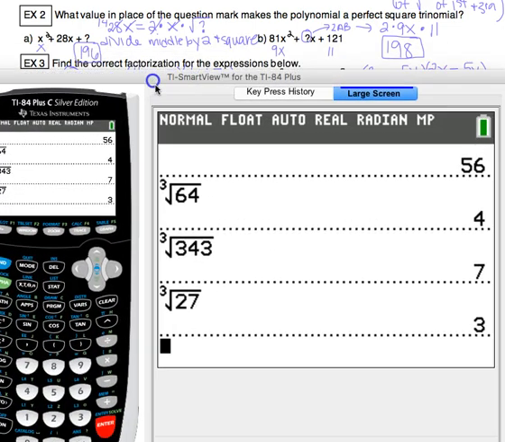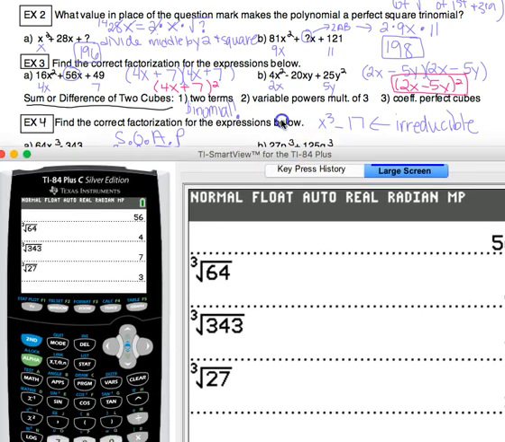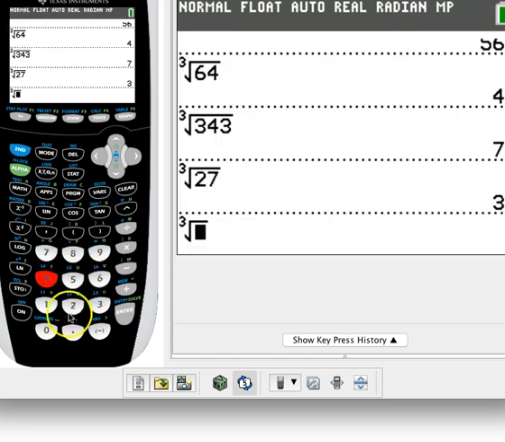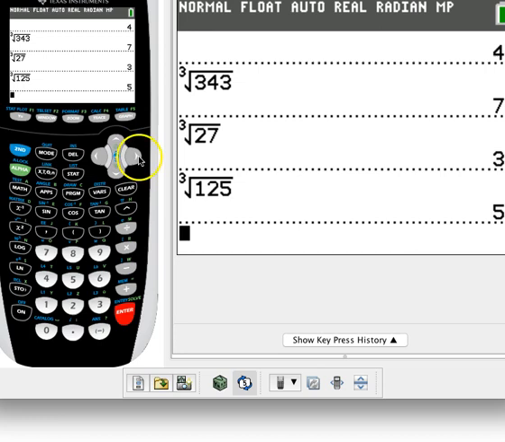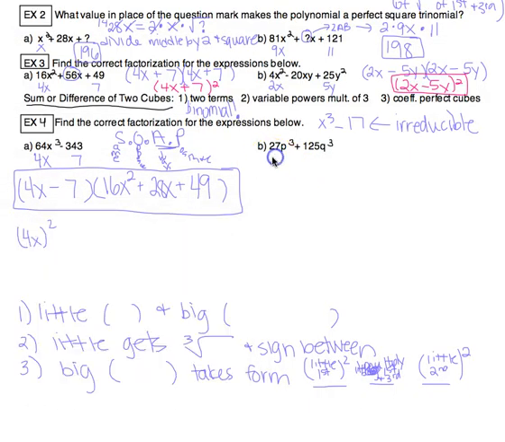So cube root of 27, yes, gives me 3. Now I need to check the 125. So math, cube root, 125. And yep, cube root is 5. So this would be 3p for the cube root. This cube root would be 5q.